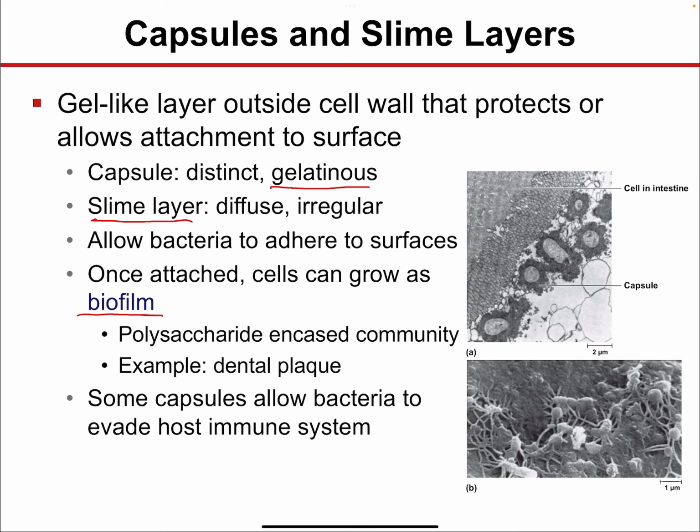A biofilm is basically a polysaccharide encased community. Okay, for instance, the dental plaques, right, are biofilms. When you go at a drinking fountain, and you see some slimy things on the surface there, that's biofilm.